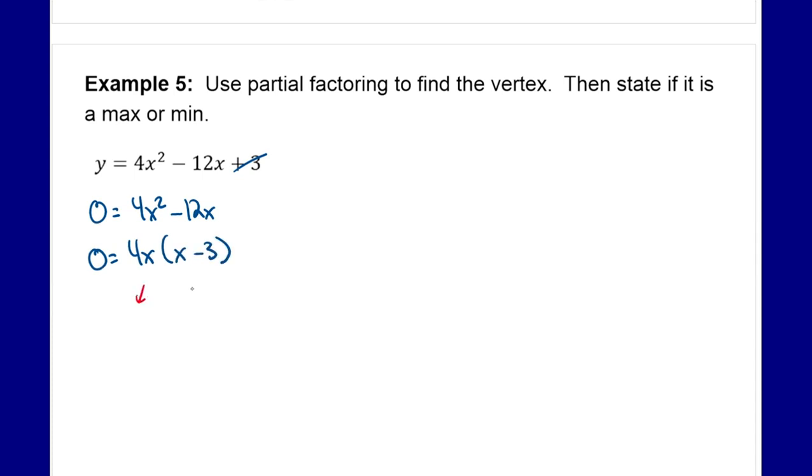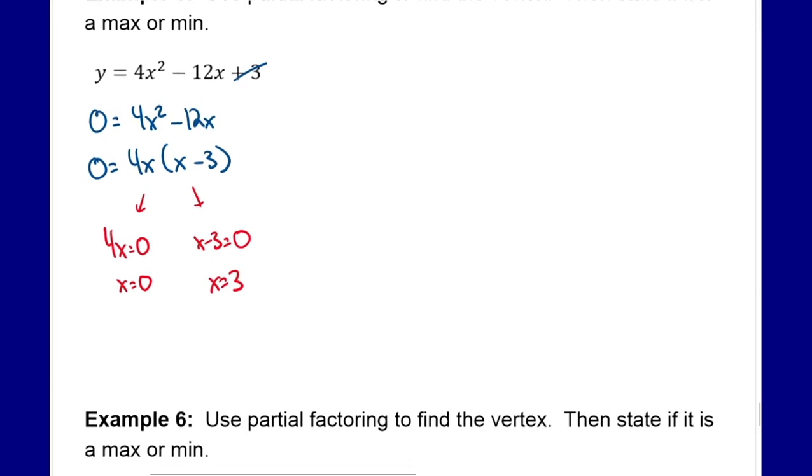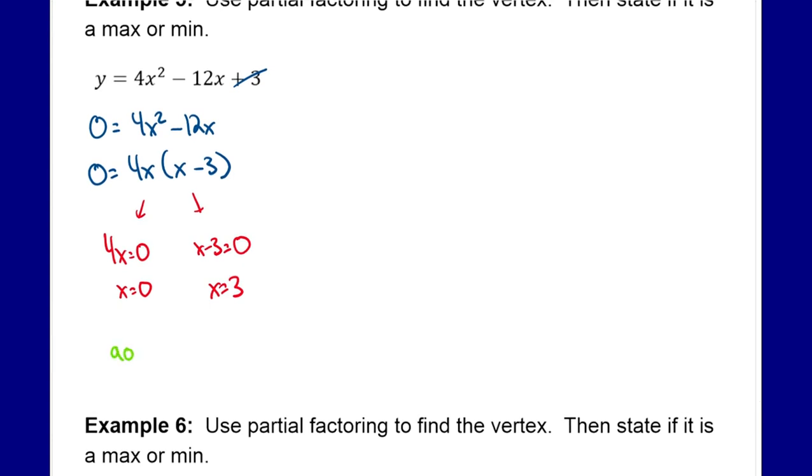Set each equal to 0. 4x equals 0, or x equals 0. x minus 3 equals 0, or x equals 3. I can now find the axis of symmetry, because it's going to be x equals 0 plus 3 divided by 2, or 1.5.